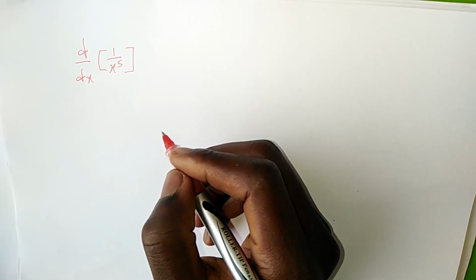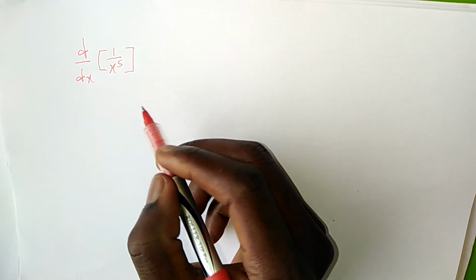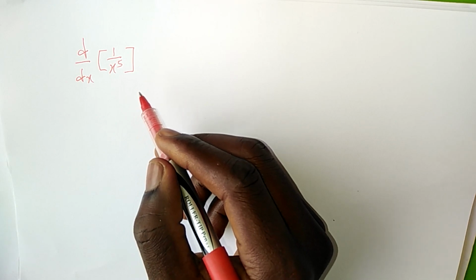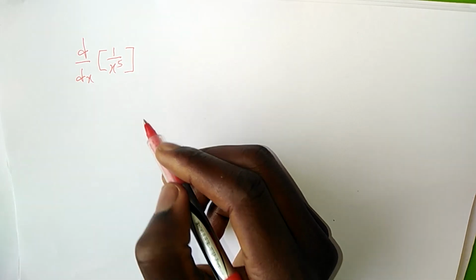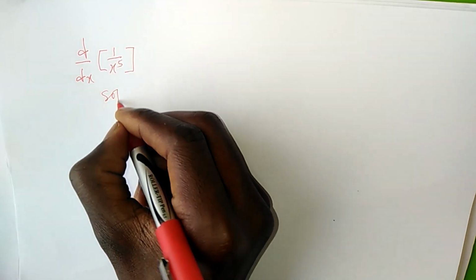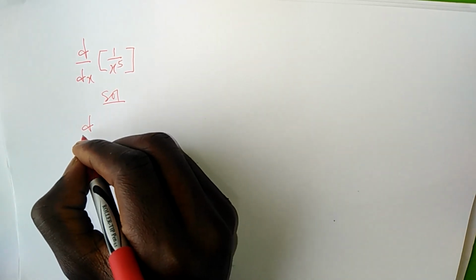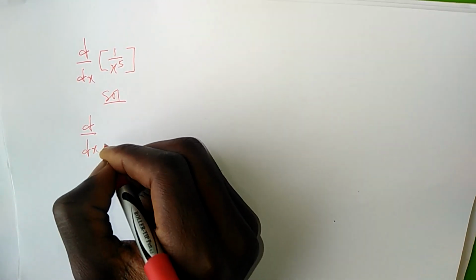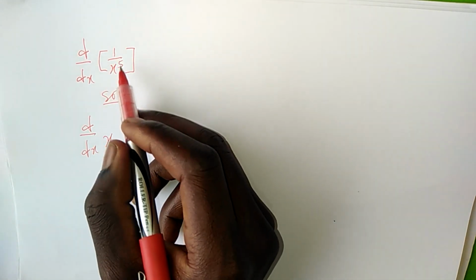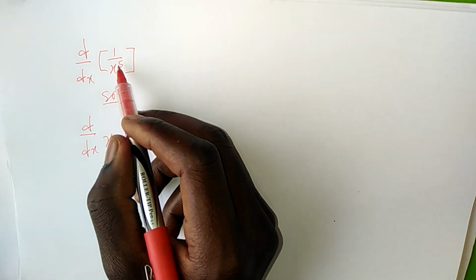We did the radical functions. Now we want to look at a rational function. In this particular rational function, to find the derivative, first of all, rewrite it again. To rewrite this function, we say d over dx. When you are rewriting this function, I want to carry this x upward, so it carries a negative sign now.